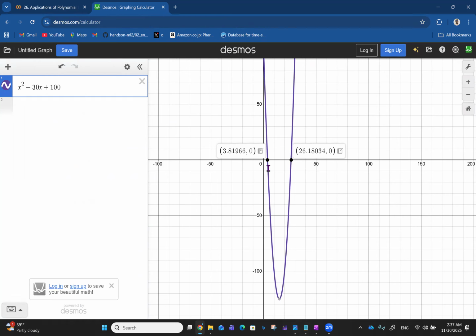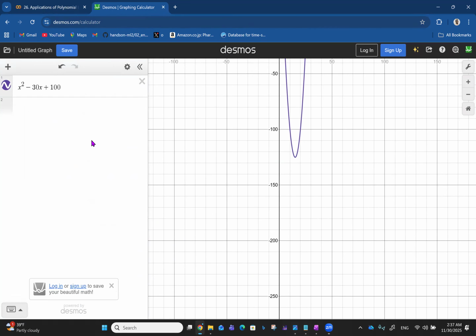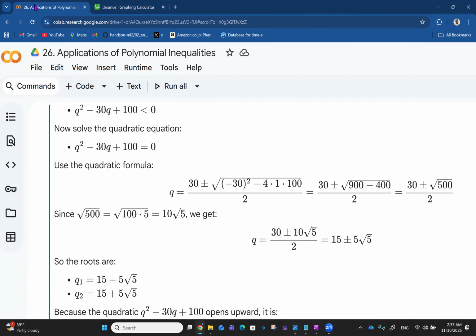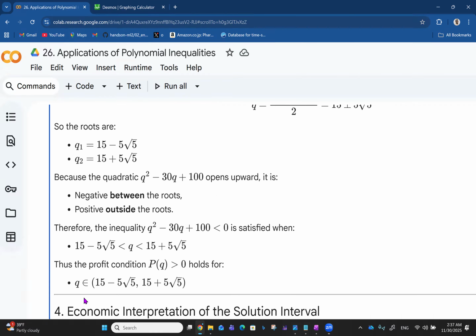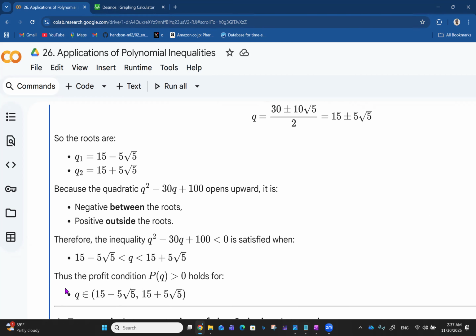So we want the negative part here, interestingly. For that profit to be satisfied, because that's the polynomial we're trying to solve, we need that negative part. So that's Q falling between 15 minus 5 root 5 and 15 plus 5 root 5. In short, this is what we have.